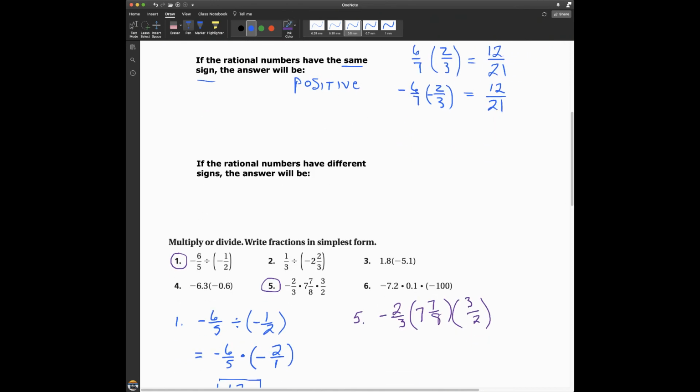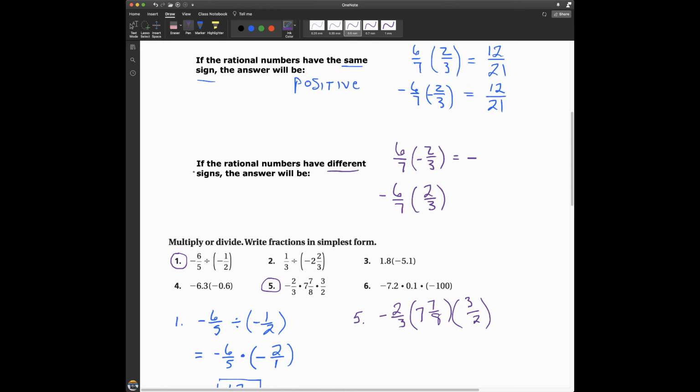So if the rational numbers have different signs, so if I took 6/7 and multiplied it by -2/3, or I took -6/7 and multiplied that by +2/3, we have different signs, so my answer will be negative.